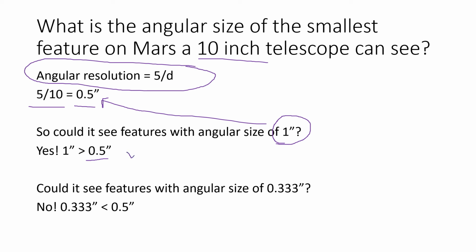So yes, you can see features this small on Mars with this telescope. Could it see features with an angular size of a 1/3 second of arc, 0.333? No, because 0.333 is smaller than the smallest angle the telescope can see. So you cannot see features that small with this telescope.